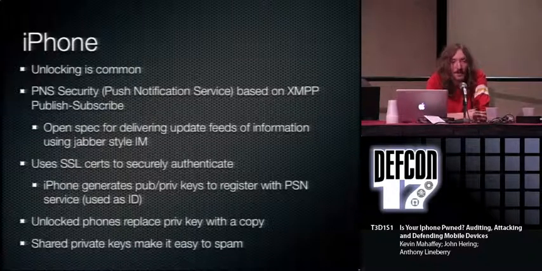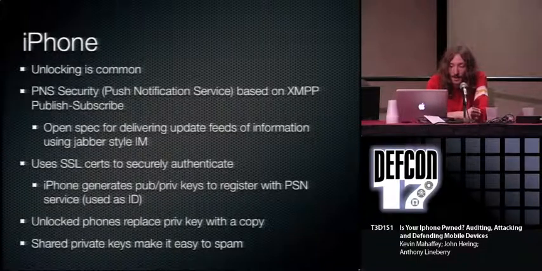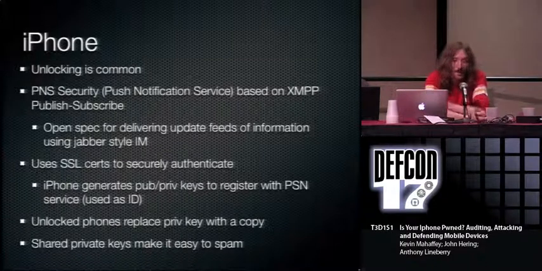The push notification is based on the XMPP publish-subscribe protocol, which is basically used for Jabber IM. And they use SSL certs basically as user IDs for each device when you activate your iPhone.